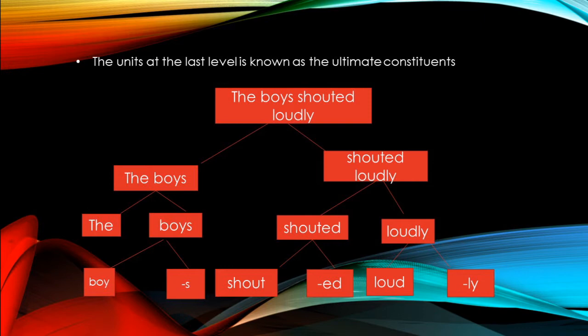This will go on till we get the smallest meaningful analysis that is possible. I've already told you that is morpheme at the morphological level and words at the syntactic level.